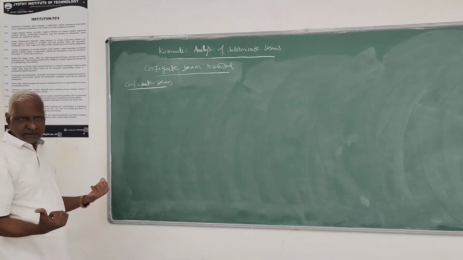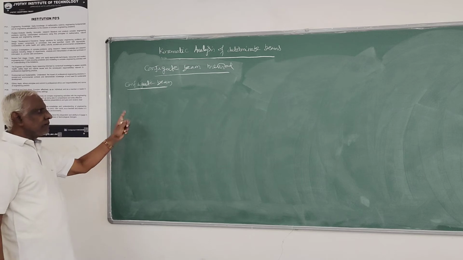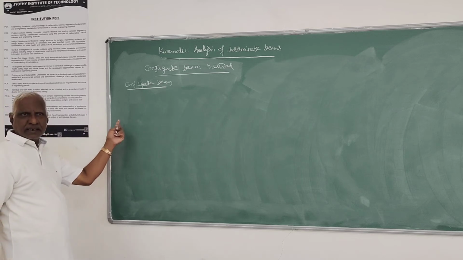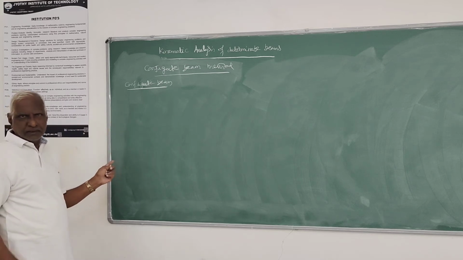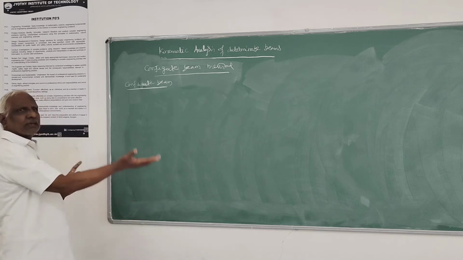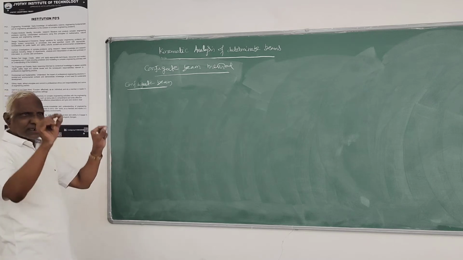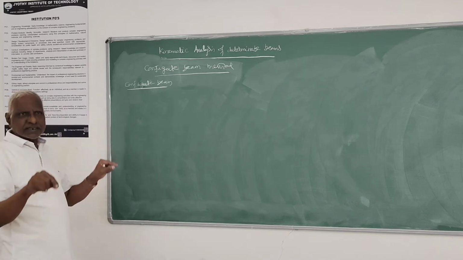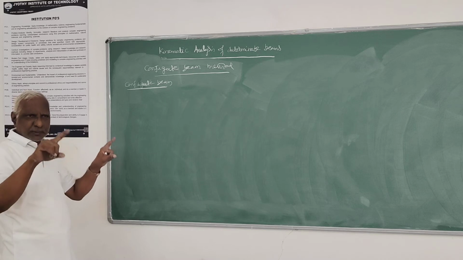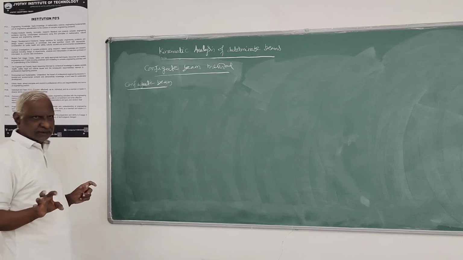Then the boundary conditions. The fixed boundary condition in the real beam becomes a free boundary condition in the conjugate beam, and similarly the free boundary condition becomes fixed. There is no change for a simply supported or hinged boundary condition.